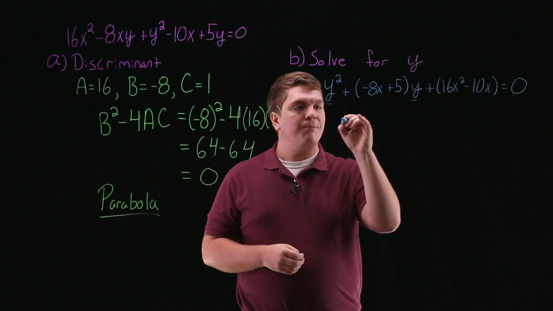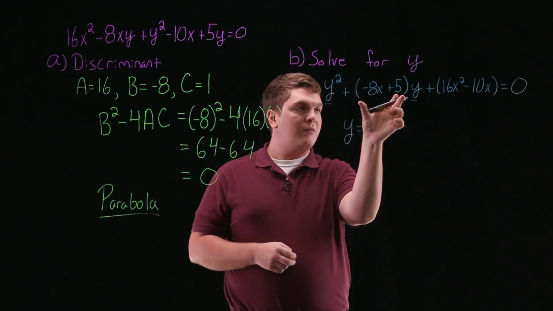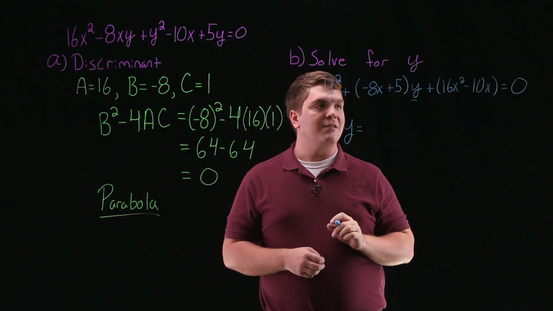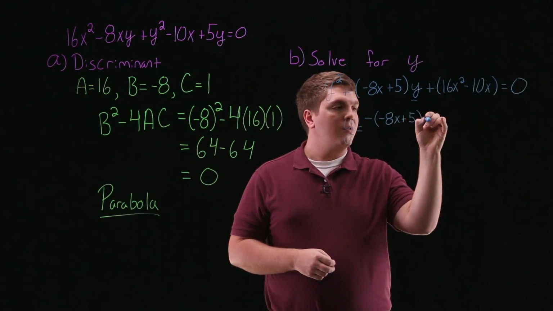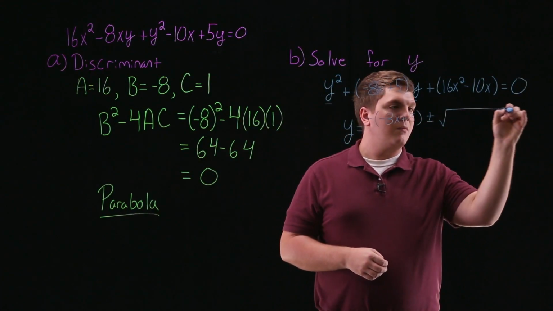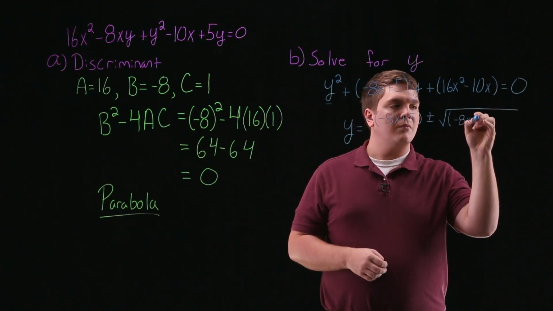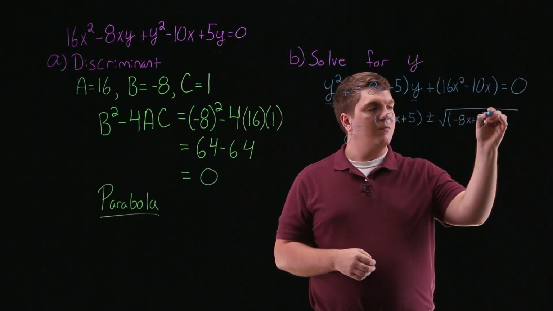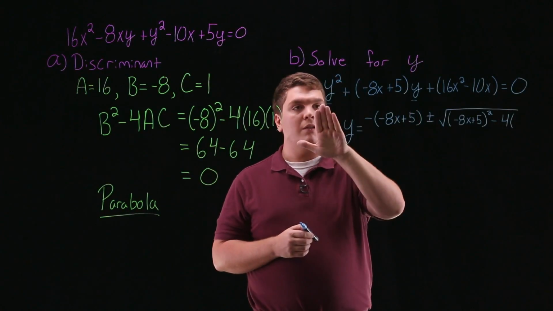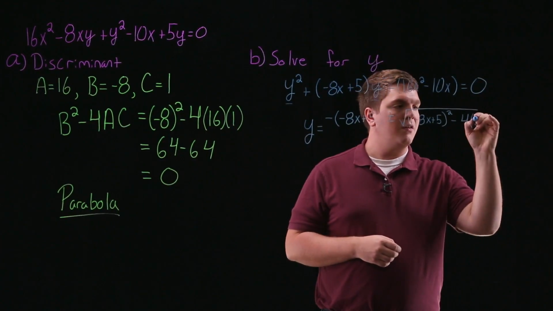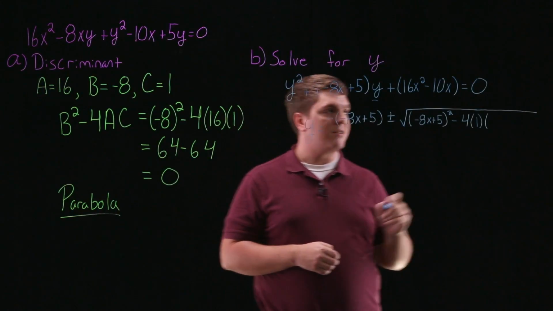So now we can use the quadratic formula, which tells me that y is equal to, we can think about b being -8x plus 5, plus or minus the square root of this squared minus 4 times, well, in this equation, a would be 1, and c would be given by 16x squared minus 10x.